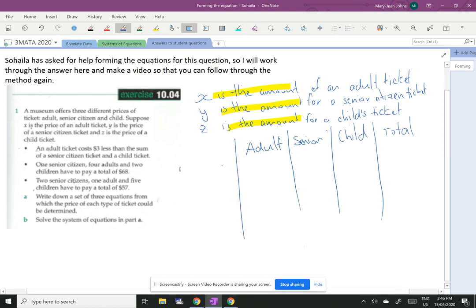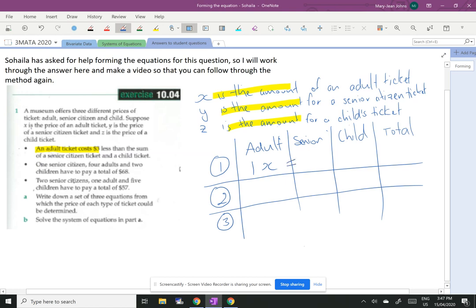So if I have a look, one, two, three combinations. Okay, so let's have a look at my first combination. We've got an adult ticket. So we go one adult ticket, and it costs. So now I've got an equals here.